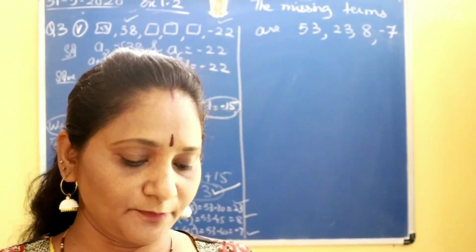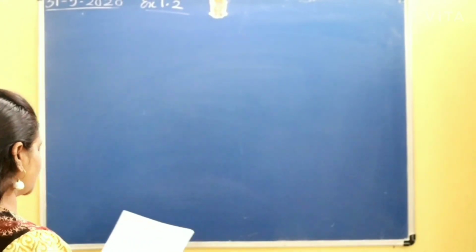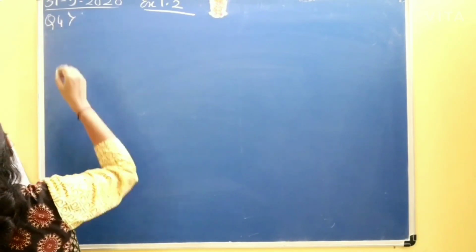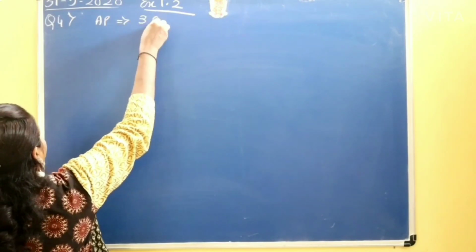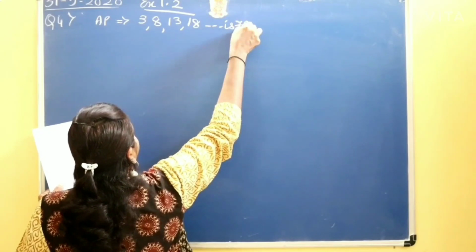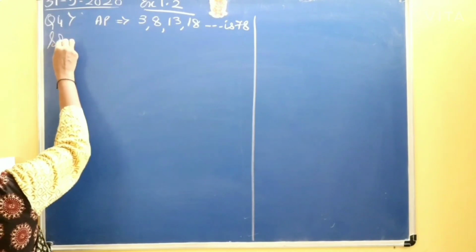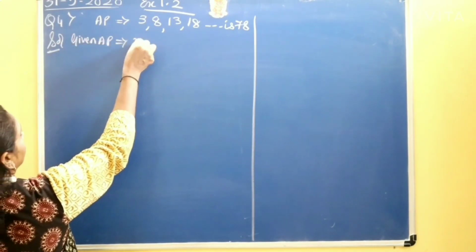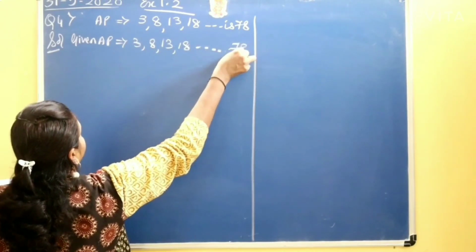So there are 5 sub questions in main question 3. Coming to the fourth question of exercise 1.2: which term of the given AP 3, 8, 13, 18 is 78? Solution: given AP is 3, 8, 13, 18 and so on.